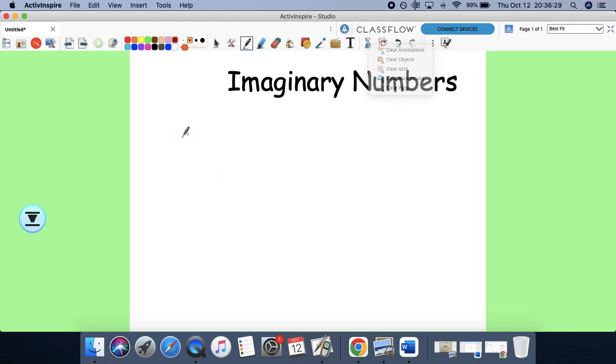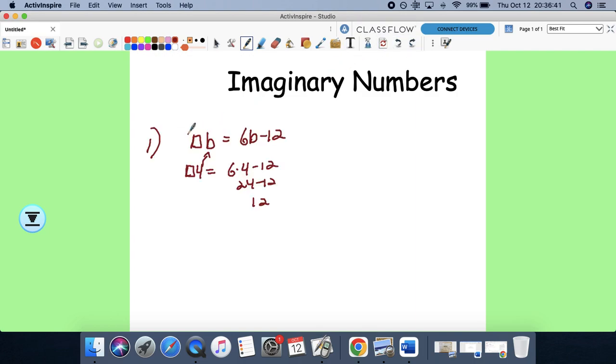Okay, so number two, I'm supposed to use this for number 2 and 3. For number 2, I have to do it for 7, and then I have to do it for 3 and then subtract.